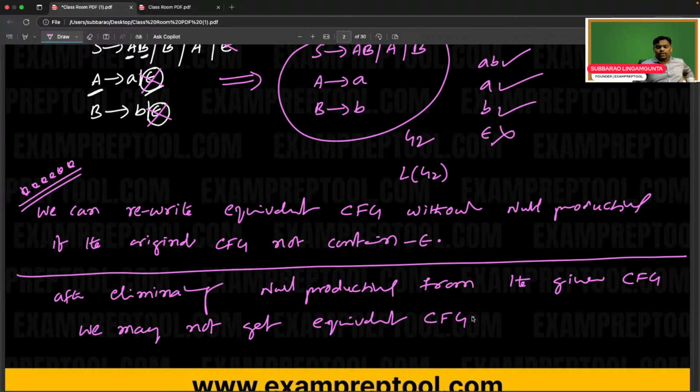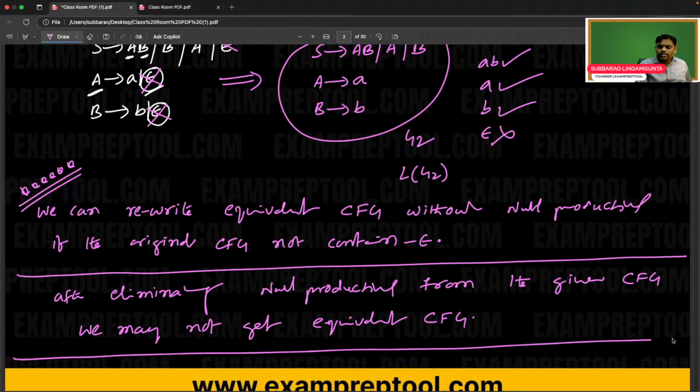Means there may be some difference. There may be a chance of epsilon difference.